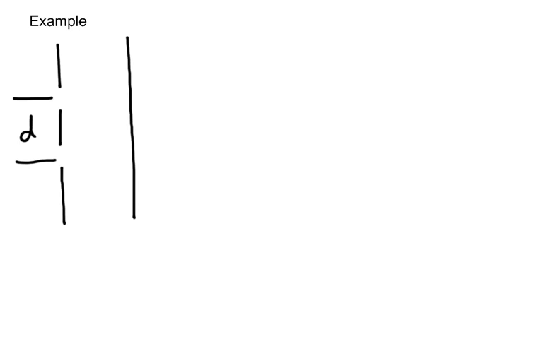Okay, so let's go ahead and do an example. So we have our double slit, we have our opaque screen, we have our distance d here, we have a distance L between the two slits and the opaque screen, we have a midpoint here.